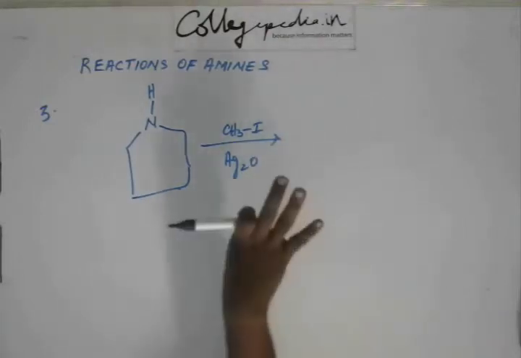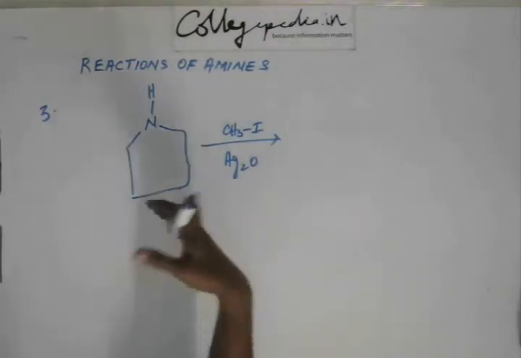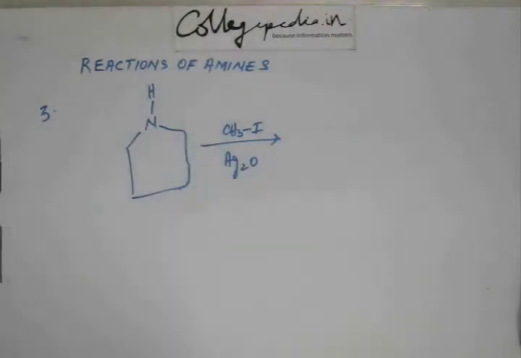You have many of them. So you can utilize as many methyl iodide and Ag2O as you can, and you have to get to the final stable product of this reaction. So I mean, work it out here on your own. We'll have a discussion, but try working it out.